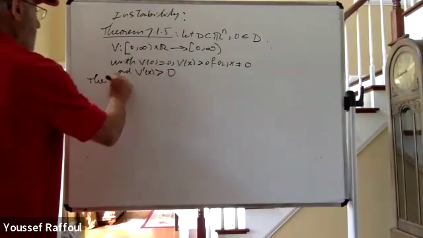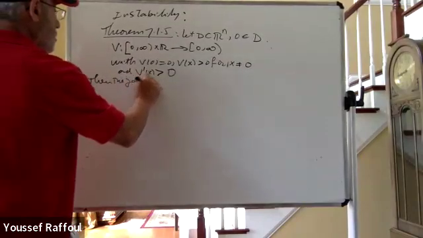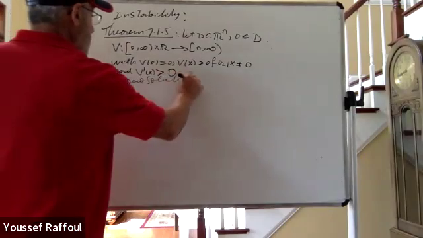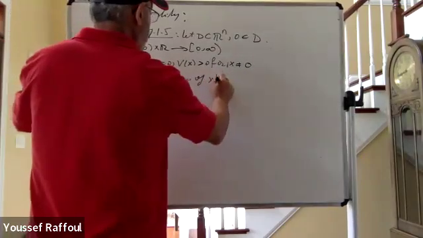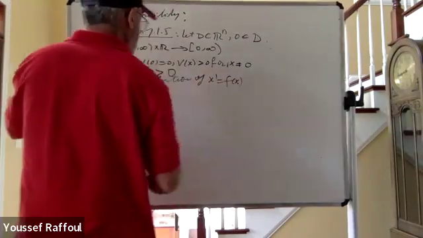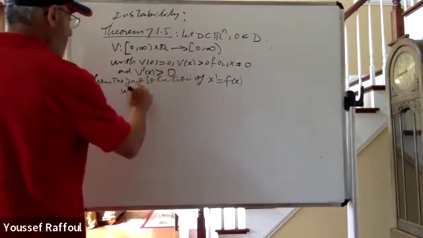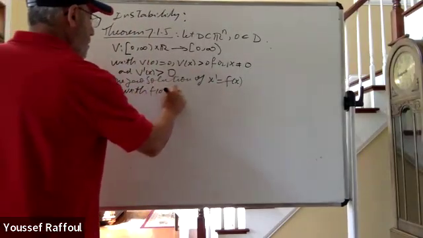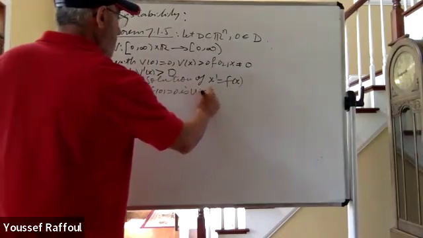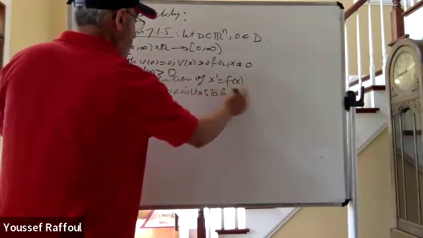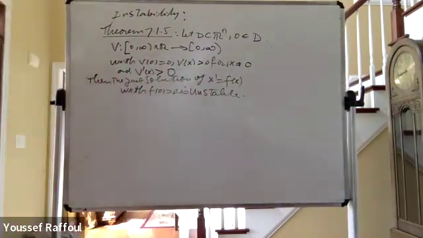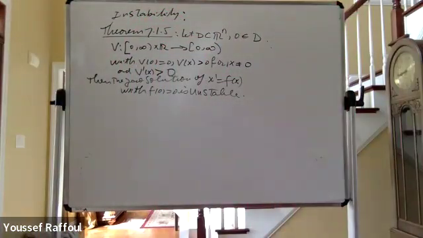Then the 0 solution of x prime equal f of x with f of 0 equals 0 is unstable. Okay? I'm not following the book. I just rewrote the theorem as a lecture note. All right? So take a look at it.